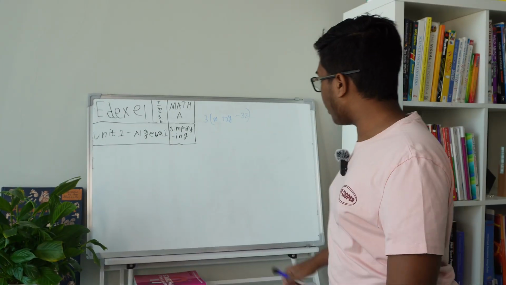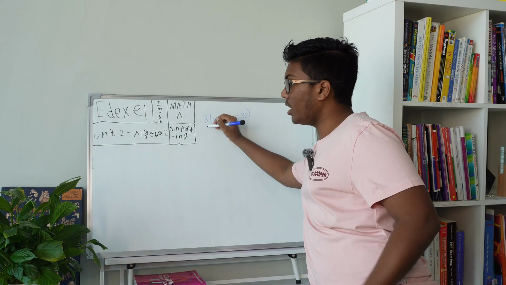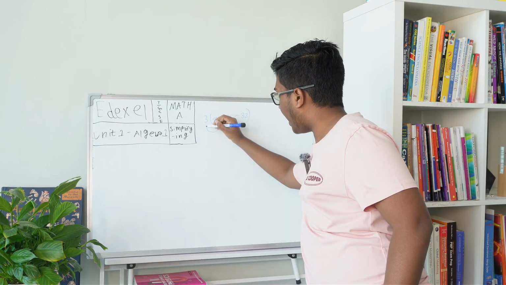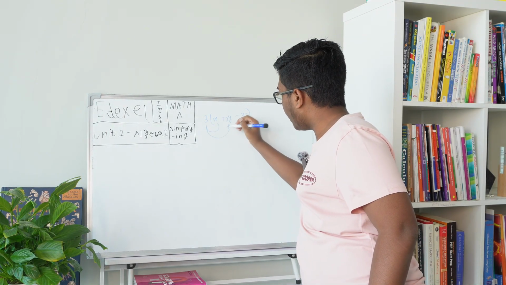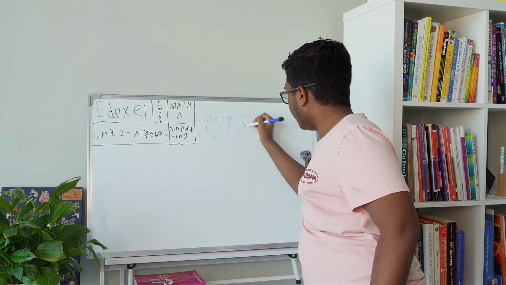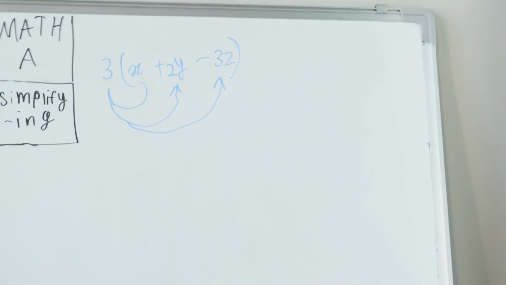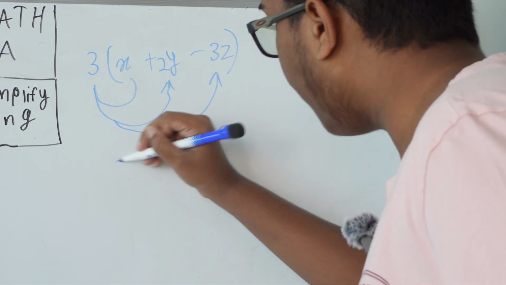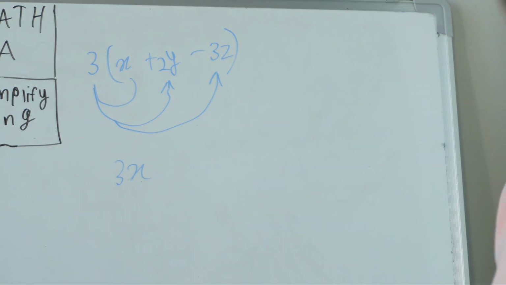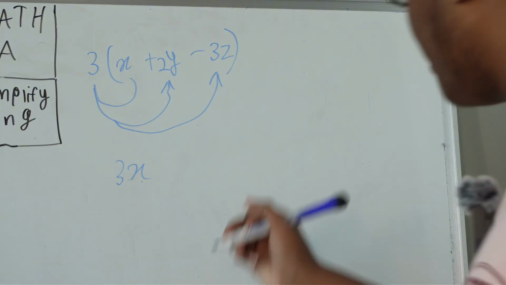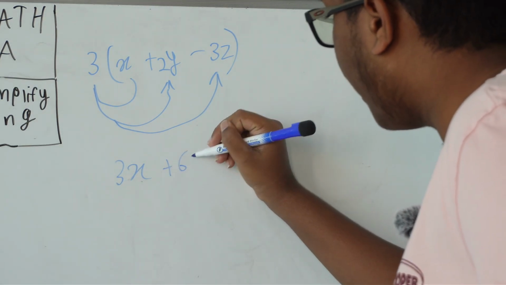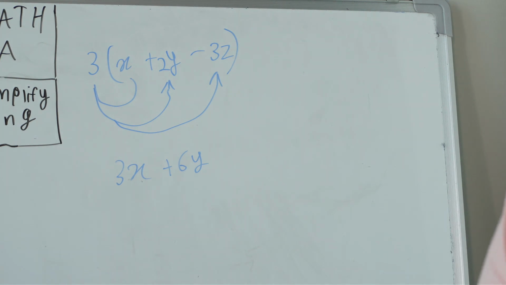So basically what you're gonna do is multiply the 3 with the x, the 3 with the plus 2y, and the 3 with the minus 3z. As I said before, the sign is part of the term. So 3 times x is 3x because multiplication signs aren't shown. 3 times 2y is 3 times 2 times y. 3 times 2 is 6. So we get plus 6y because plus is the sign there.